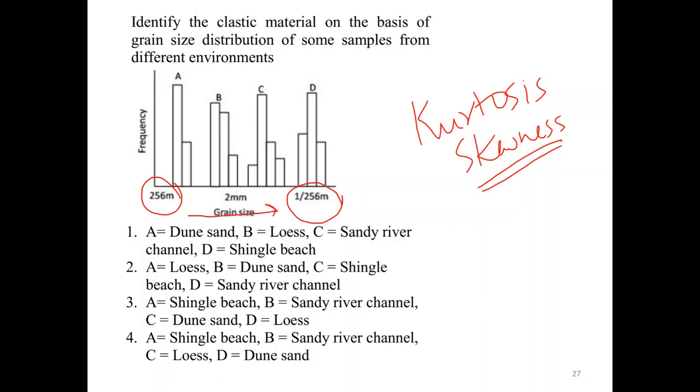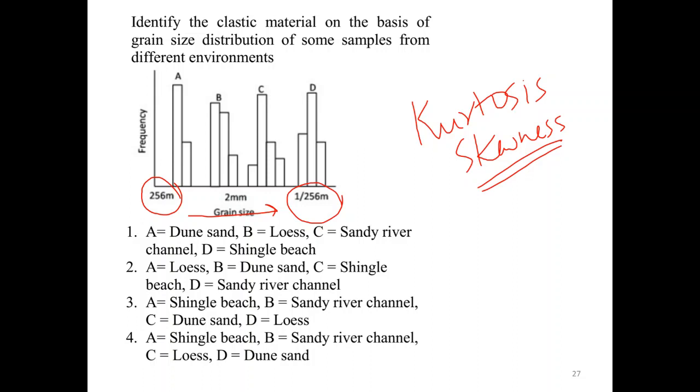And out of these four, how will the environment vary? If we look at A, B, C, and D, we can see that there is a decrease of grain size from boulders to the stage of silt and clay.